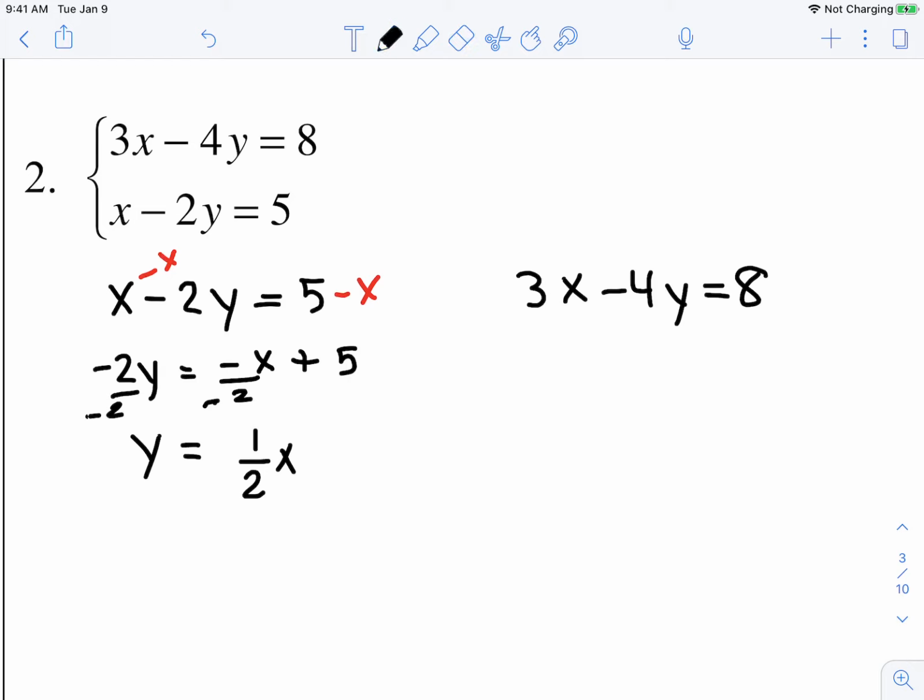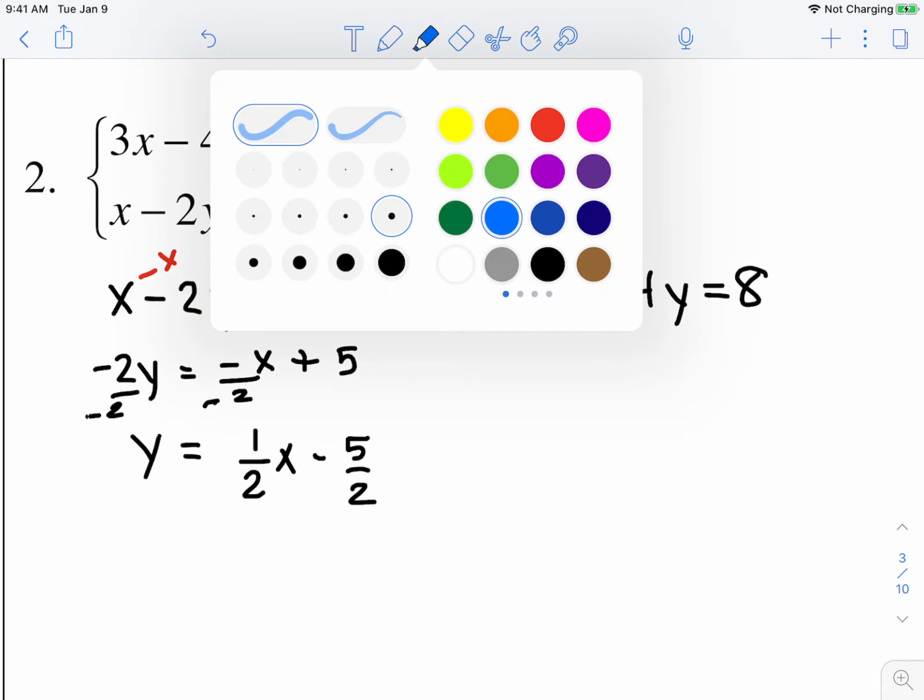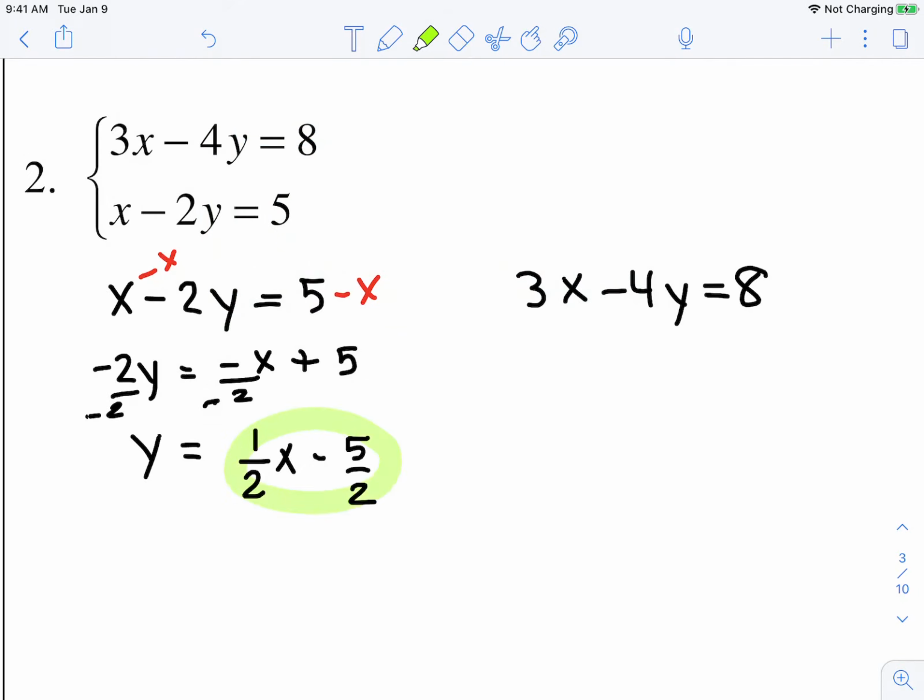And then I'm going to divide the 5 by negative 2, so it's going to look like negative 5 over 2. Okay? So here we have slope-intercept form. And going back to that method, we now know what y equals. So I'm going to take that and plug it in for this y over here. And so we get 3x minus 4 times 1 over 2 x minus 5 over 2.